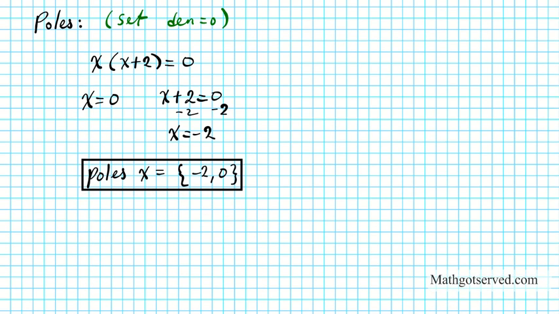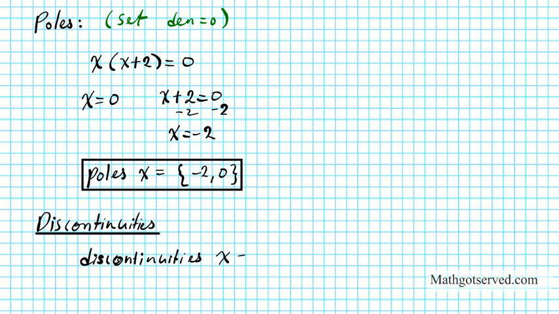So let's write that down, discontinuities. You have to remember that the discontinuities are exactly the same as something we already know, namely the poles. So your combined discontinuities are negative 2 and 0.